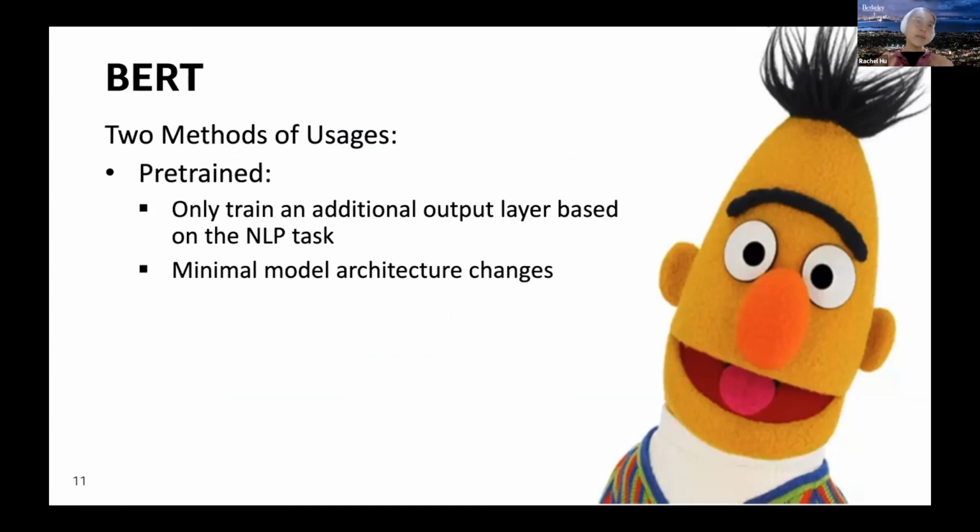And it also used MLM, which is masked language modeling, where I mask some words or tokens in a given sequence, and then the BERT model predicts what the masked token will be using its bidirectional encoders. So that's how it's pre-trained.